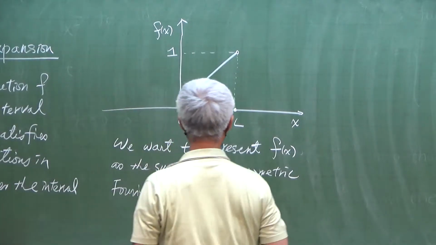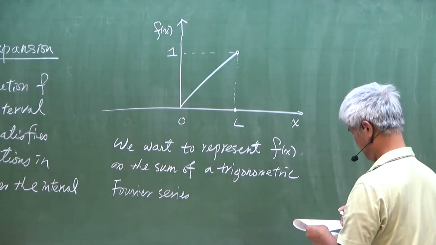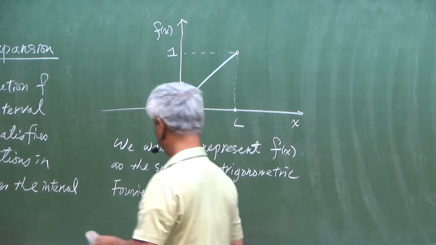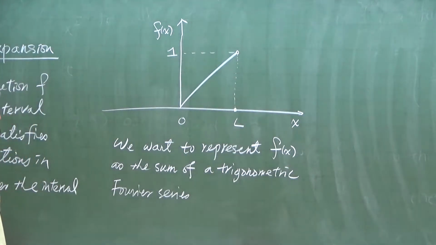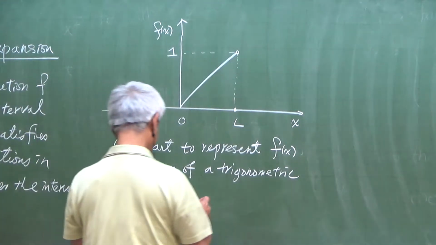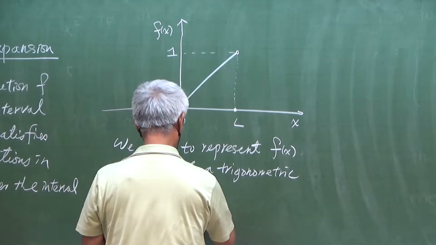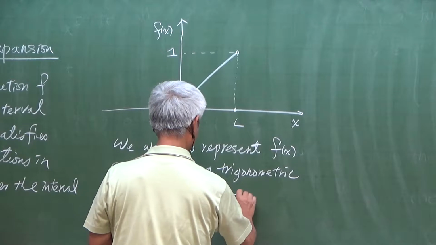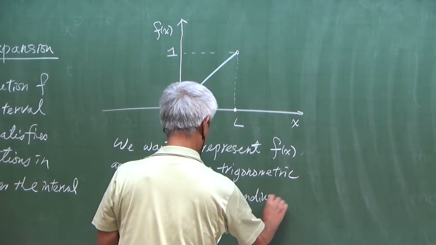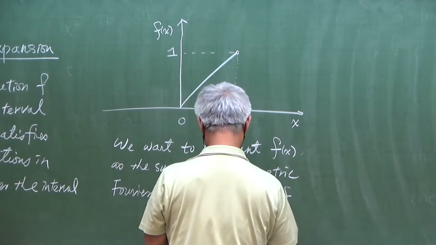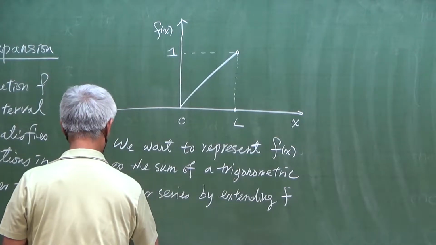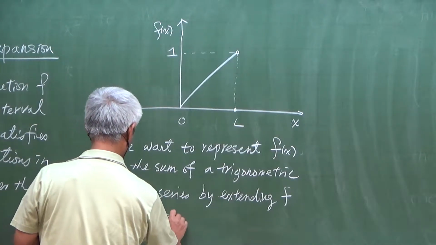Okay, so we want to represent it as a sum, by extending f into a periodic function.